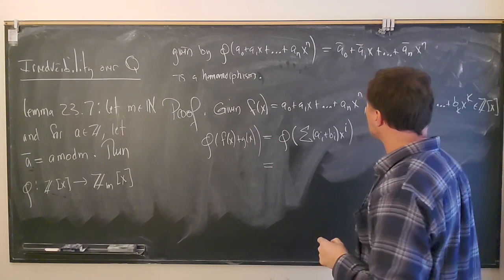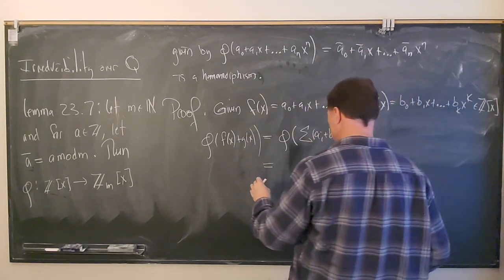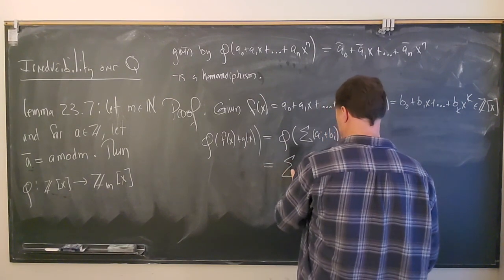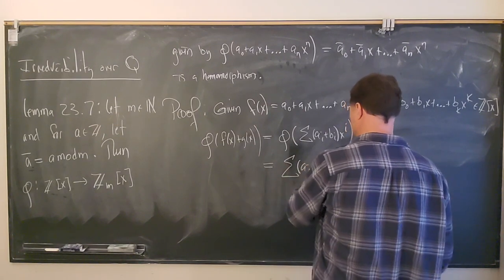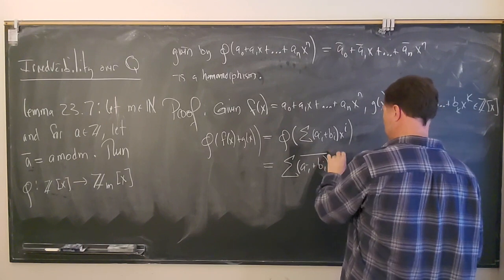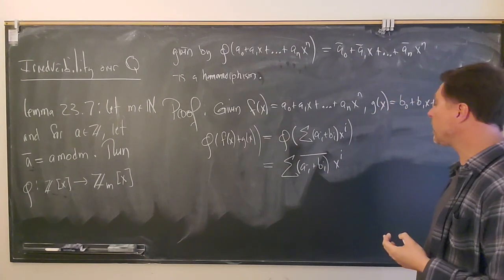It tells us to reduce the coefficients of this polynomial mod m. So this is going to be the sum of (a_i plus b_i) bar times x^i.